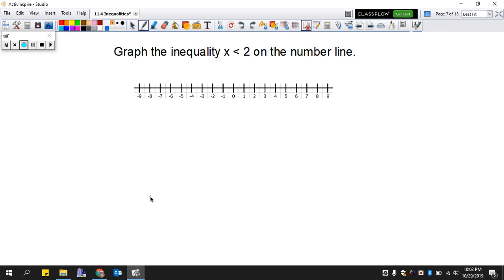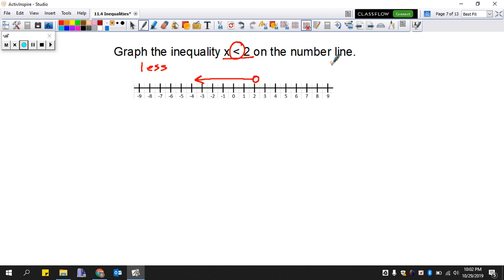All right, here it says graph the inequality x is less than 2. Once again, that less than is a strict inequality, so it's an open circle at 2, and it's less than, so we're going to draw our arrow going to the left, because left means less, as our numbers get less as we go to the left.